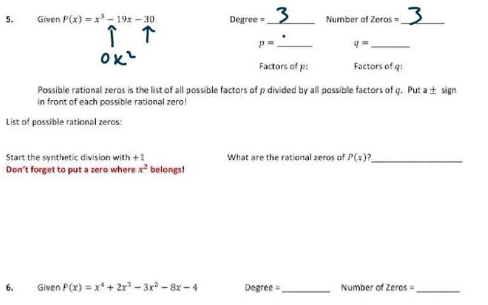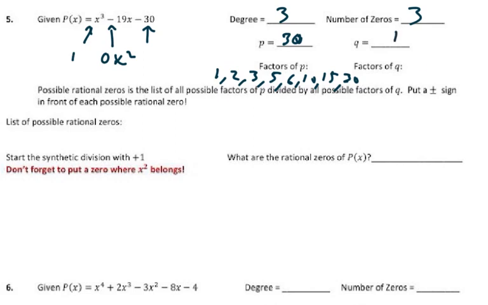We should have 3 zeros here if everything goes as planned. Notice our p is 30, so that means 1, 2, well, we have a lot of choices. 3, these are all factors of 30, right? 4, 5 times 6 is 30, 3 times 10 is 30, 2 times 15 is 30, 1 times 30 is 30. Our q, fortunately, is still only a 1.